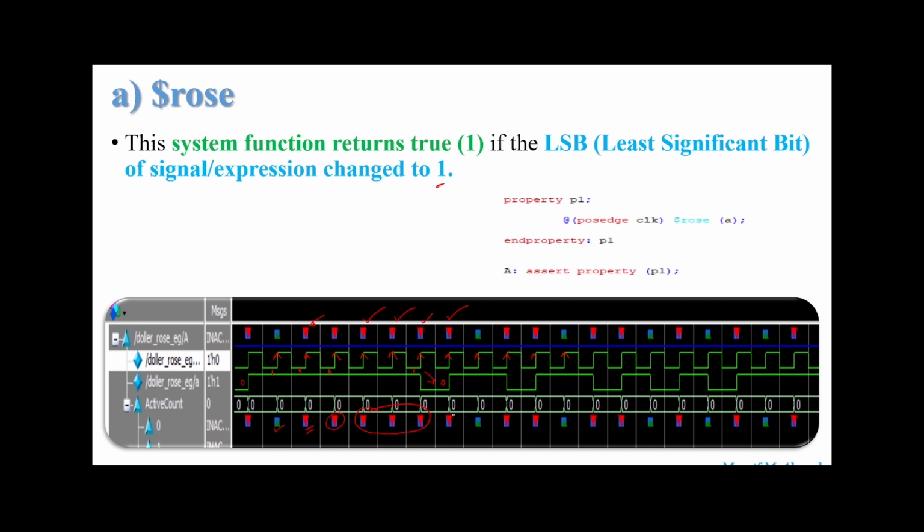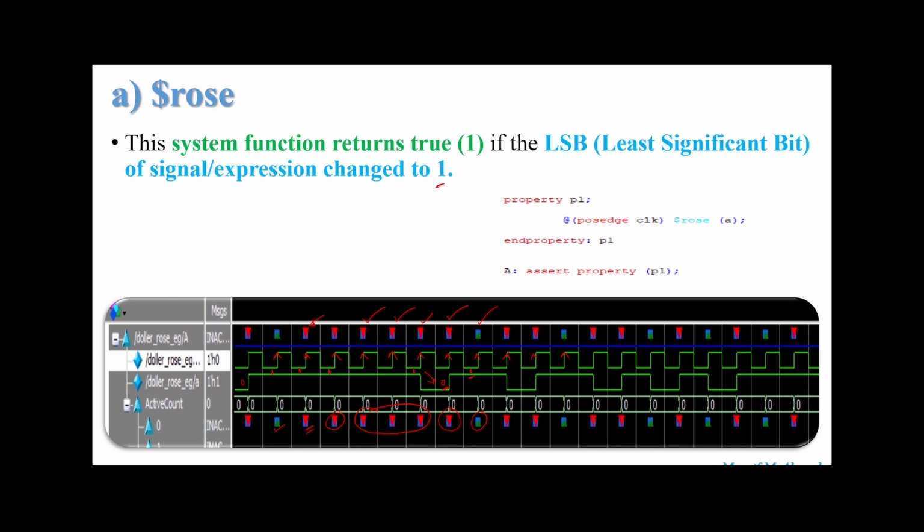Hence you will find the assertion is also failing over here. In the next clock cycle, as you can see over here, the value of A is becoming 1 and it is changing from 0 to 1, right? It changed from 0 to 1. Hence the assertion is passing over here. So you will find this green triangle, which means the assertion is passing.